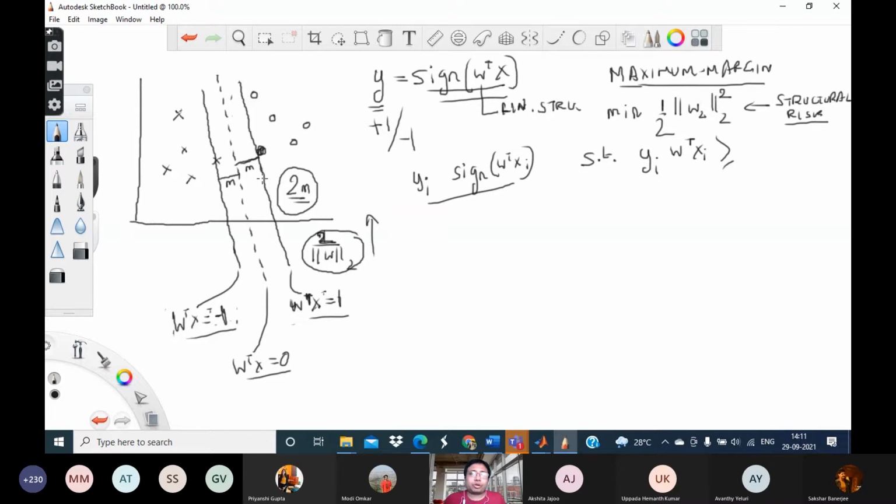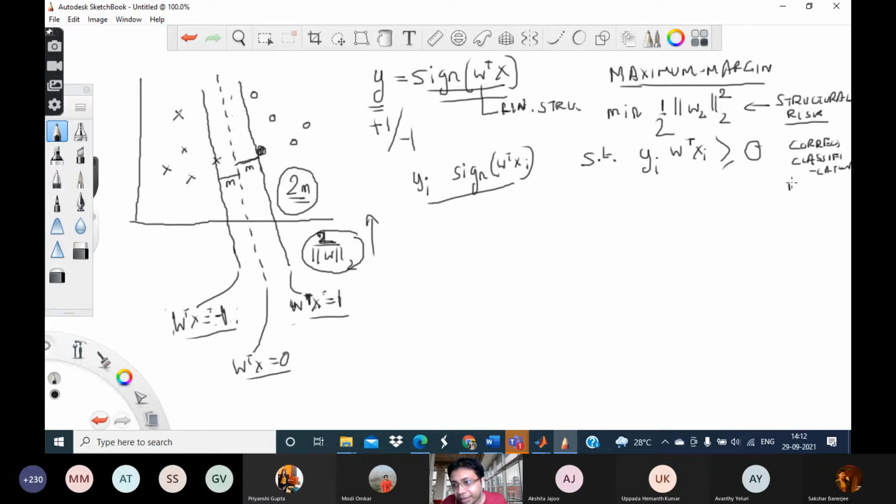So if this is positive, this basically means correct classification. Correct classification by which classifier?